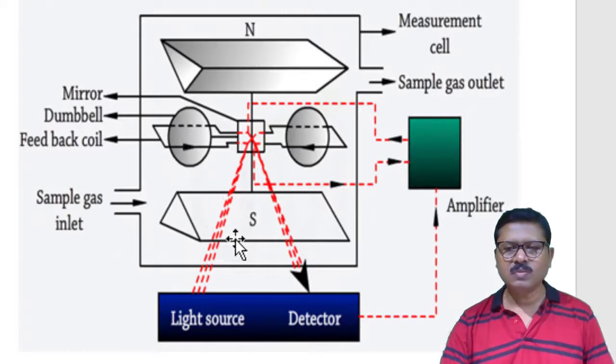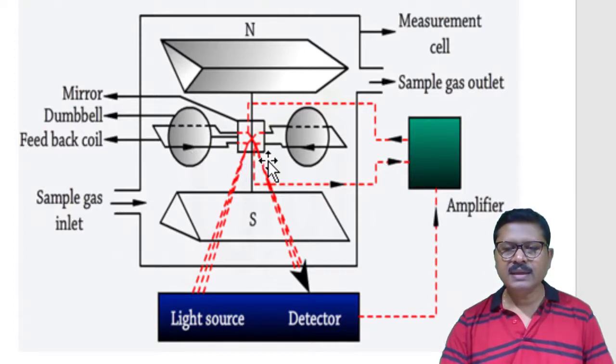As this is an inhomogeneous magnetic field, the sample gas with the oxygen molecule will be attracted towards the high intensity magnetic field, and it will flow through this measuring cell along a particular path. Because of that flow, the dumbbell arrangement will be displaced, and practically speaking, the dumbbell arrangement will be twisted.